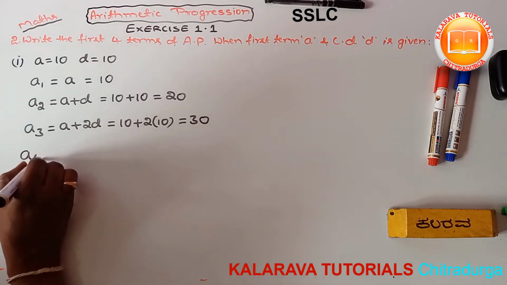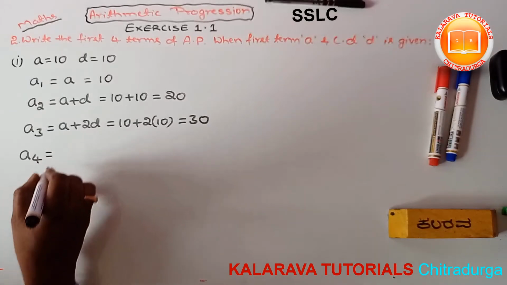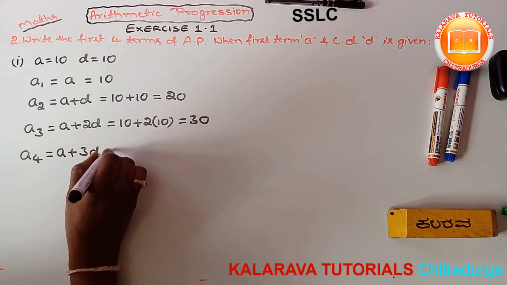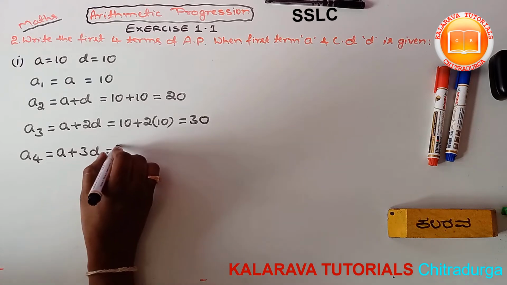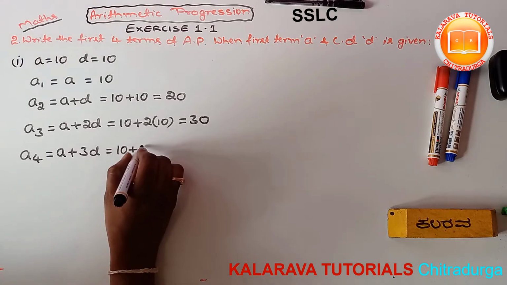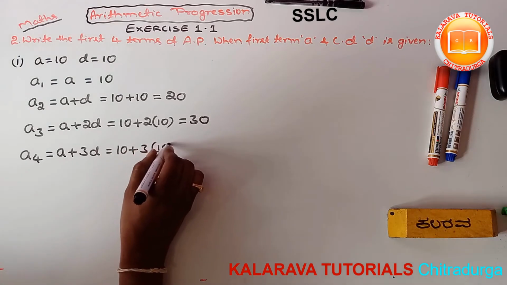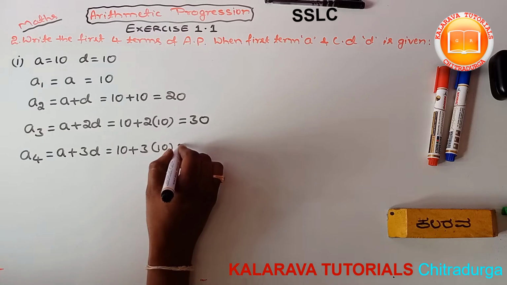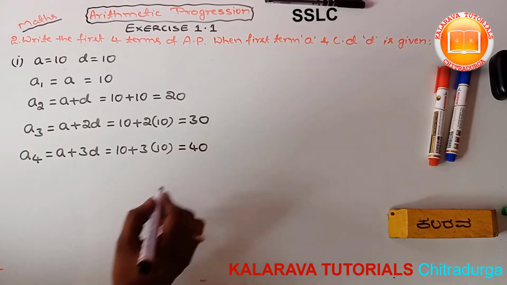And for finding the fourth term A4, we take A plus 3D. Here A is 10 and 3 into D, we substitute 10. 10 into 3 is 30, 30 plus 10 is equal to 40.